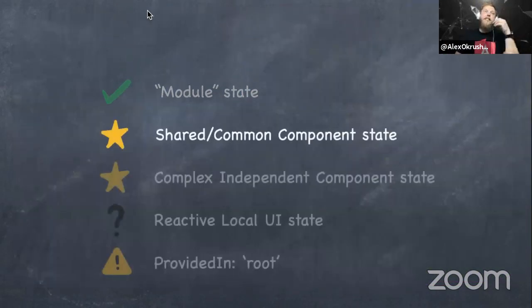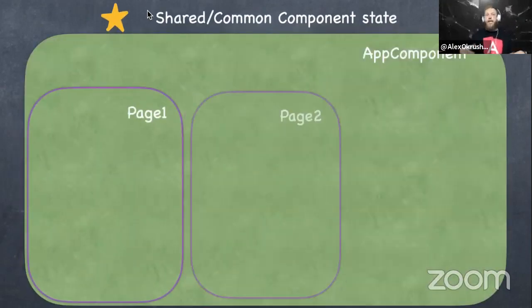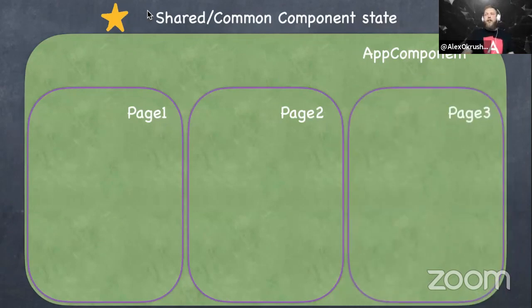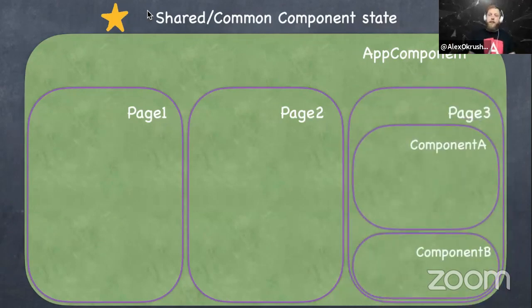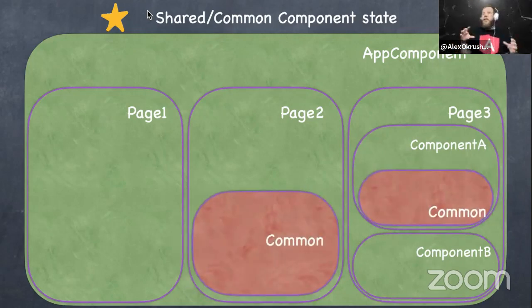The next one is something that actually triggered the creation of the component store, and it's the shared common component state. Let's take a look at that one. For example, we have an app component, and we have a few pages. Some of the pages have other components and stuff like that. And then we have a common component. This component could be used in multiple pages, or even on the same page, in multiple instances.